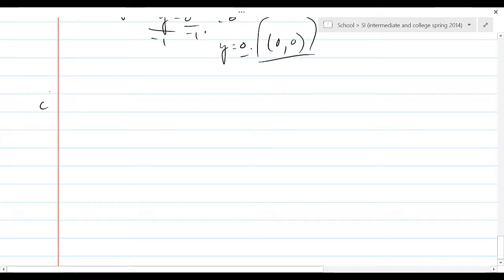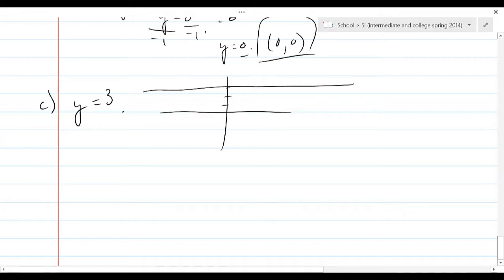Part C. y equals 3. Well, if we know what a horizontal line looks like, then we can answer this question. y equals 3: 1, 2, 3. That's the horizontal line. Can you tell me where that graph crosses the x-axis?